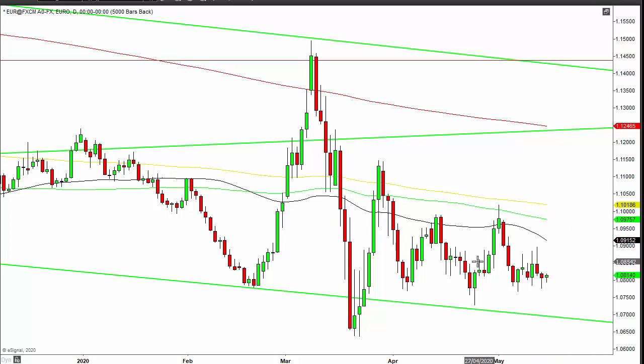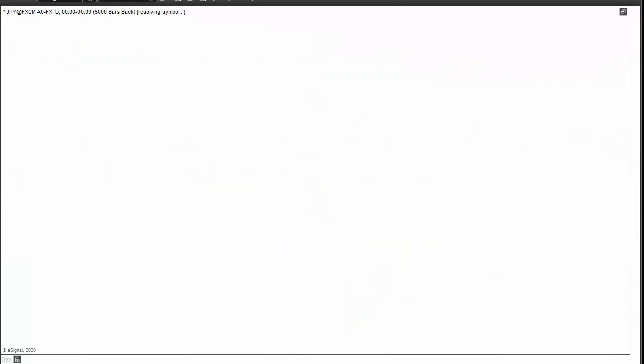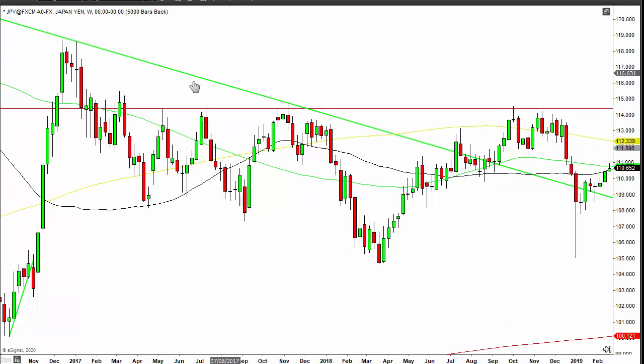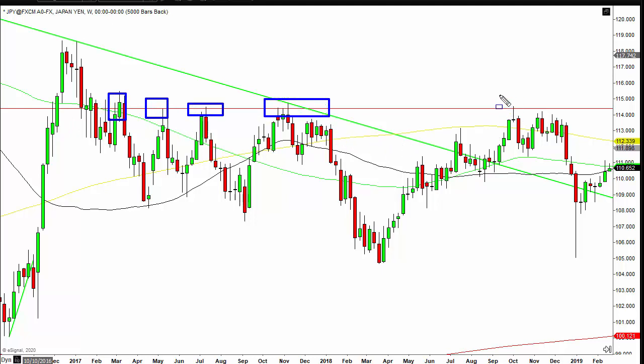Funnily enough, there's a pebble on a pond on the weekly chart of the dollar yen, going back a bit. You can see I've got an old horizontal trend line here. Across these highs, the dollar yen has been testing, going back over a couple of years, these levels here.